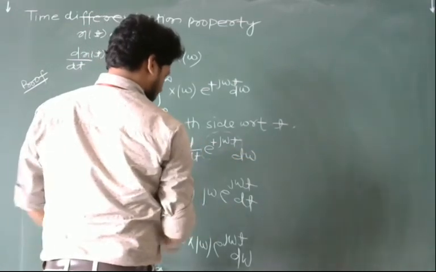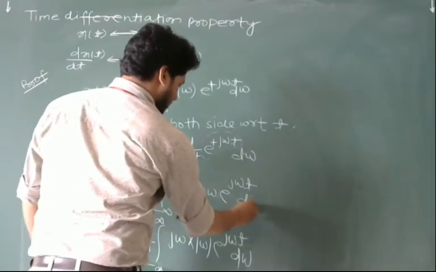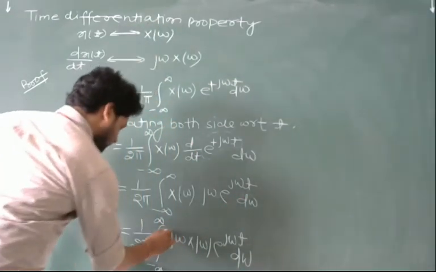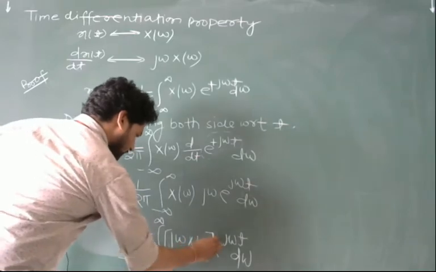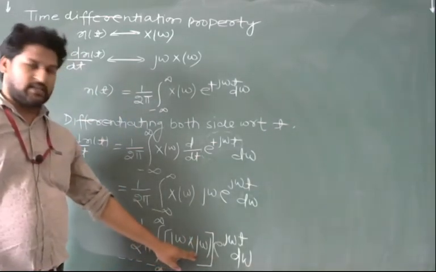This is d omega because we are finding the inverse Fourier transform. So this is the inverse Fourier transform of the function j omega X(omega).